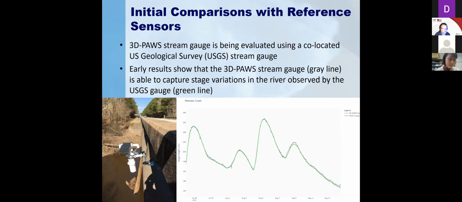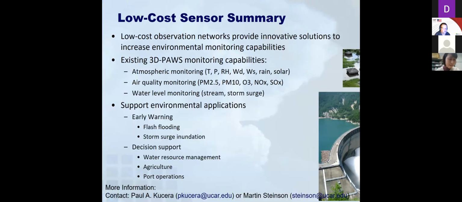So just to summarize, going back to what I've talked about in the last few minutes, we developed these low-cost observation networks and these capabilities to provide innovative solutions to help increase environmental monitoring. I briefly talked about our traditional 3D pod station, which includes atmospheric monitoring, air quality monitoring, and water level monitoring.